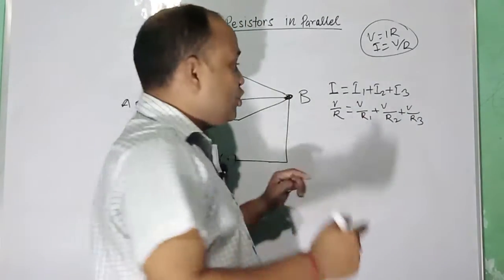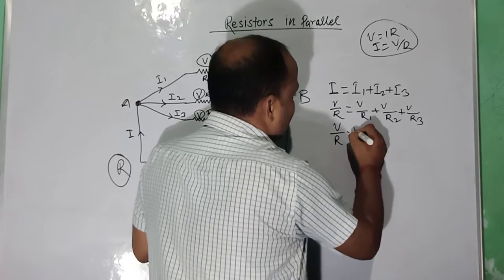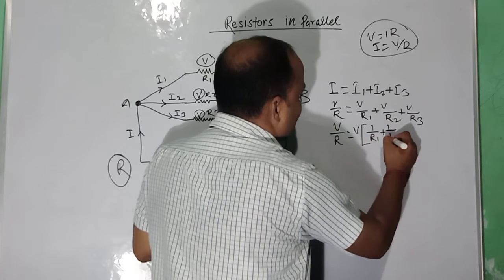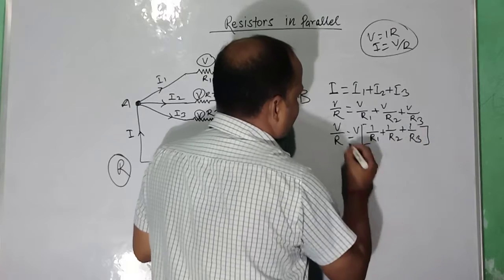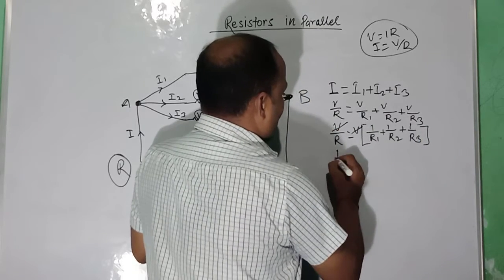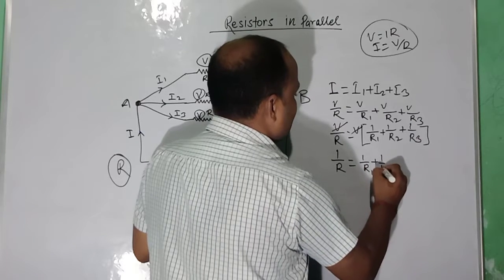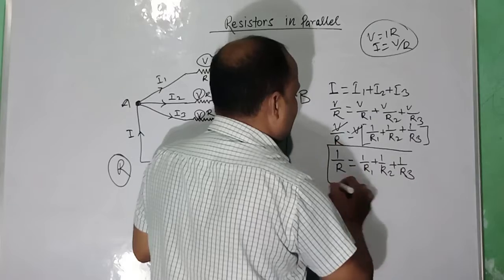Now take V common, V by R is equal to V times 1 by R1 plus 1 by R2 plus 1 by R3. Cancel V: 1 by R equals 1 by R1 plus 1 by R2 plus 1 by R3.